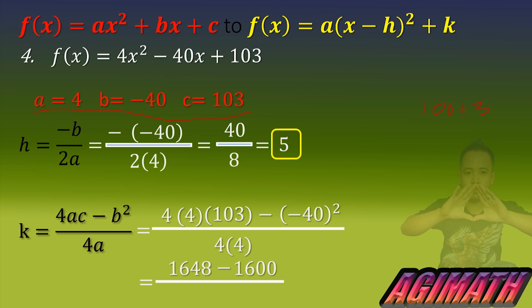And then on the denominator we have 4 times 4, which is 16. 1648 minus 1600 is equal to 48. And denominator 16. 48 divided by 16 is equal to 3. And that's it.